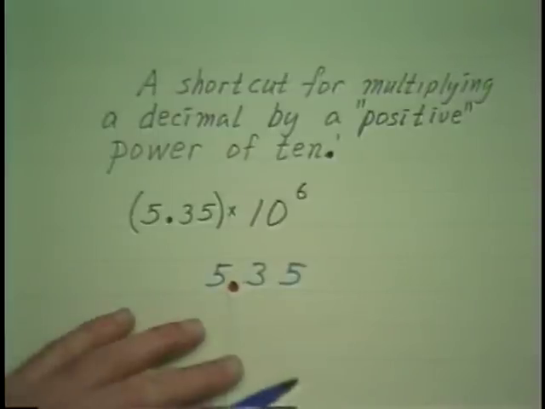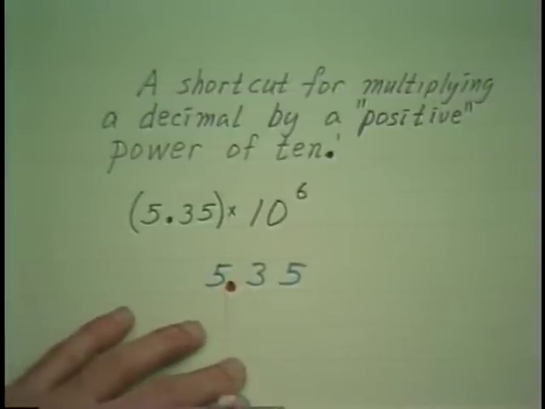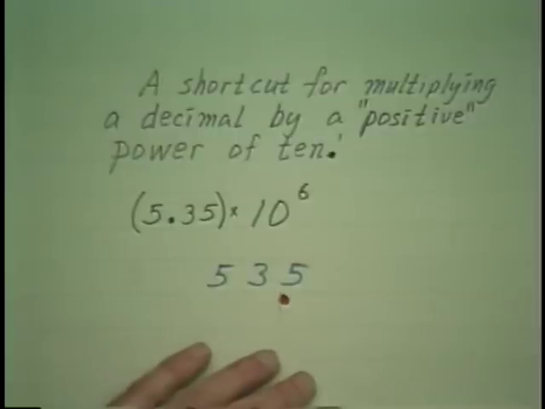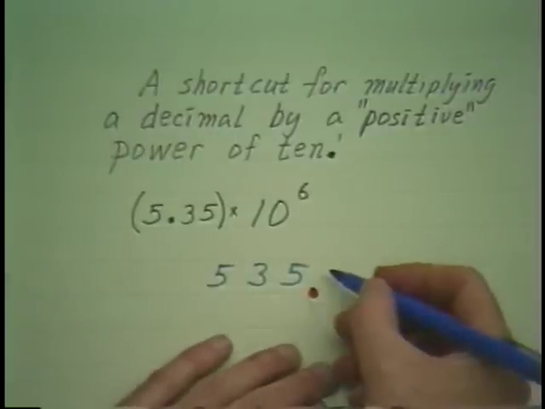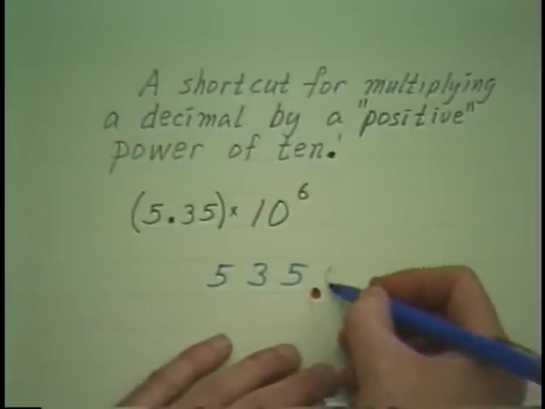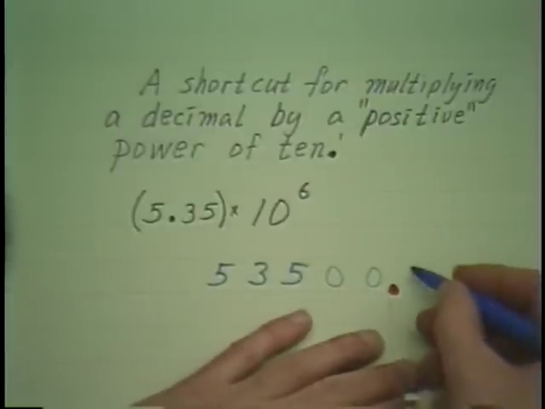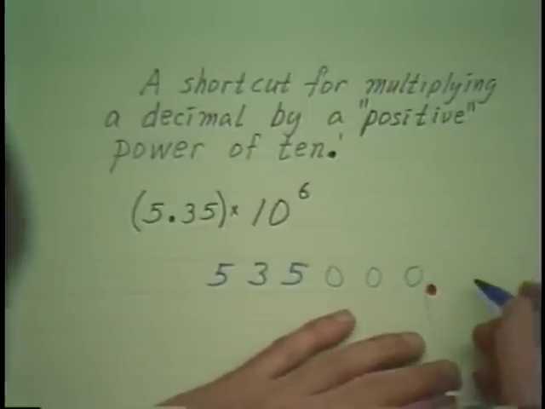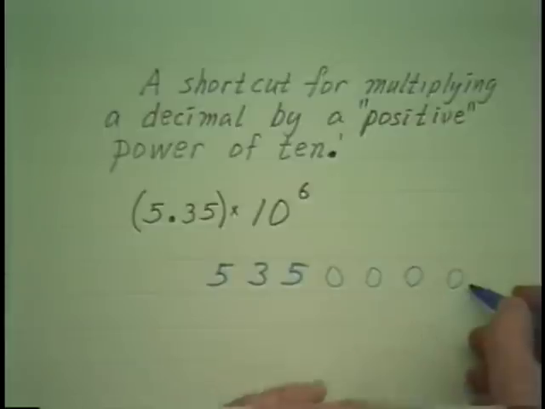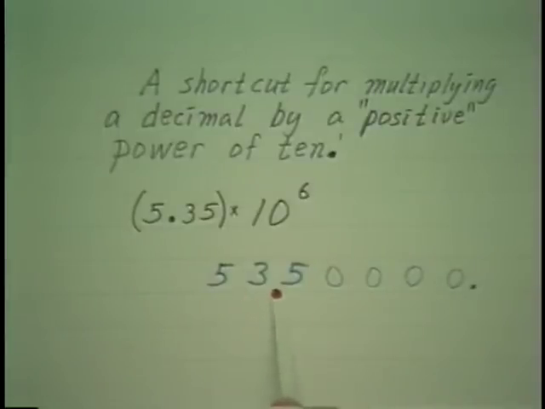So I wish to make the number bigger by 1, 2. Now to keep moving, I need some extra zeros. 3, 4, 5, 6. Let's check. Bigger by 1, 2, 3, 4, 5, 6.